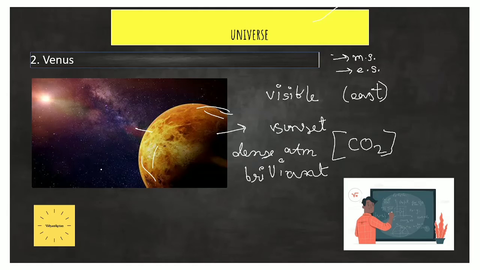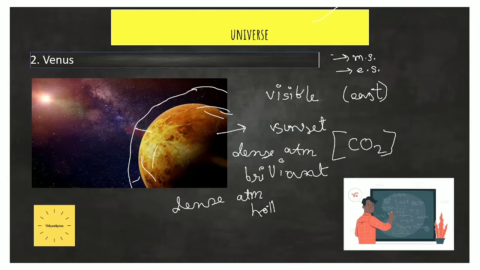Since the atmosphere of Venus is mostly made up of carbon dioxide, this carbon dioxide traps a lot of heat, making it the hottest planet. It has a dense atmosphere with carbon dioxide in maximum percentage, so it traps a lot of heat, and that's why it is the hottest planet in the whole solar system.